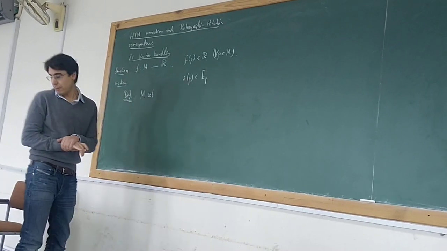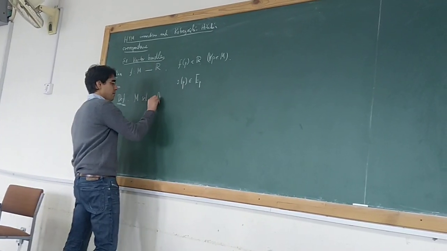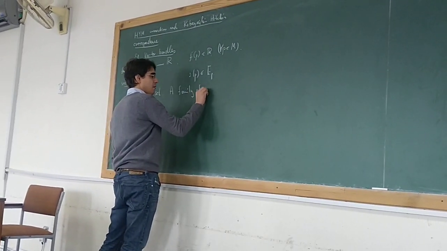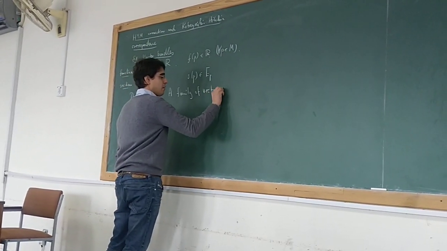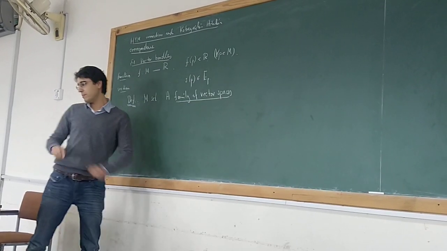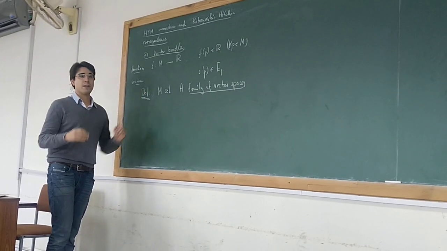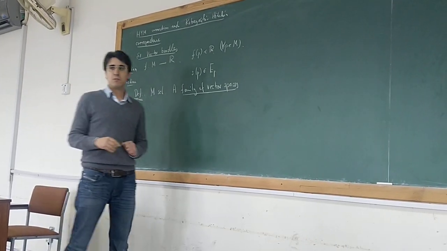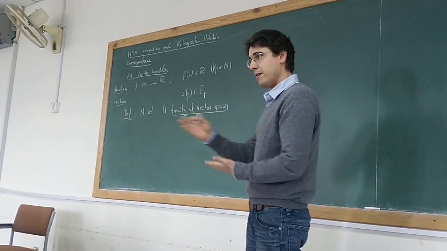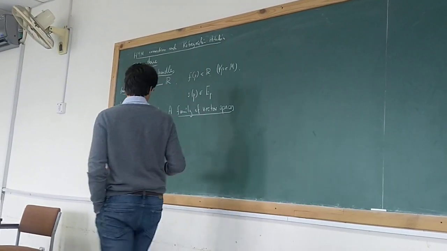Then I want to explain what a family of vector spaces is. This is meant to be some parametrized version of linear algebra. In linear algebra, you have one vector space. Here we have a continuous family of vector spaces.